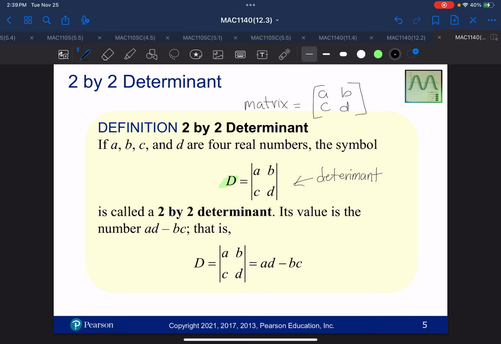But in order to find the determinant of that matrix, it is the difference between the products of the diagonals. So you do A times D minus C times B. So this is actually the determinant, this calculation. But the notation with the straight up and down bars, it looks like an absolute value bar. That means to take the determinant, notation.